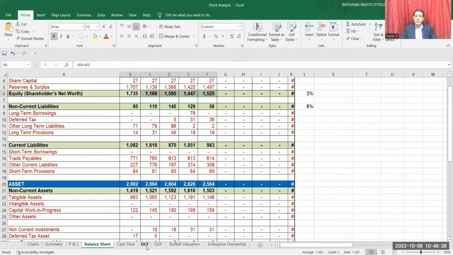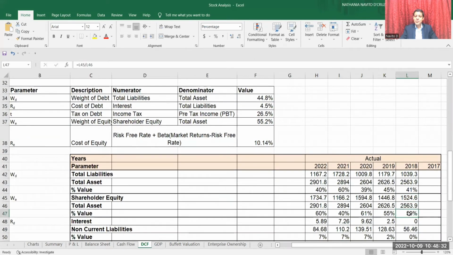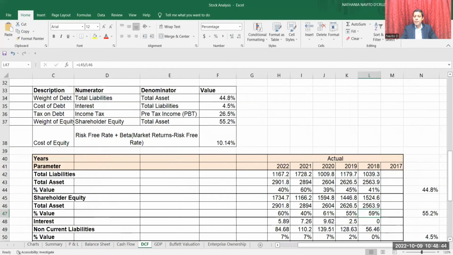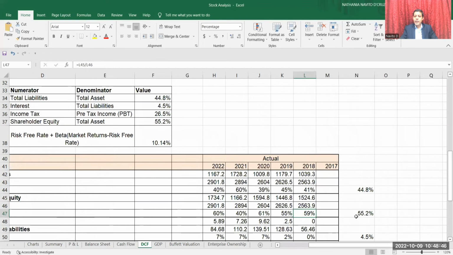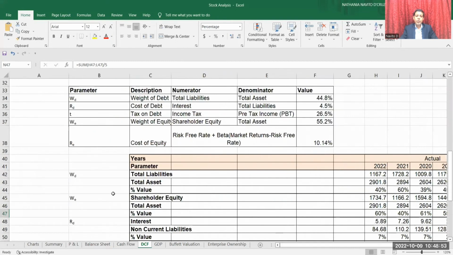Once we take these values, we then again take the percentages. We divide the total shareholders' equity by the total assets to tell us how much is the equity portion of the total balance sheet. Then we take the average of all the 5 years. So we got WD, we got WE.